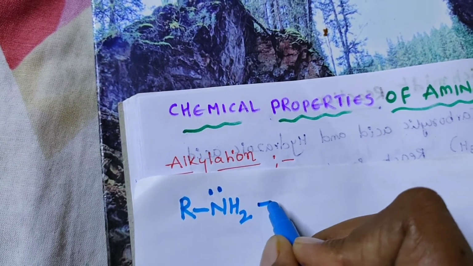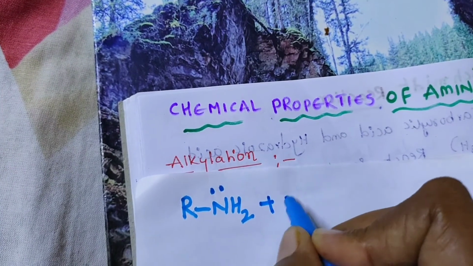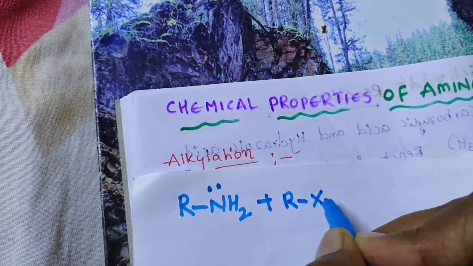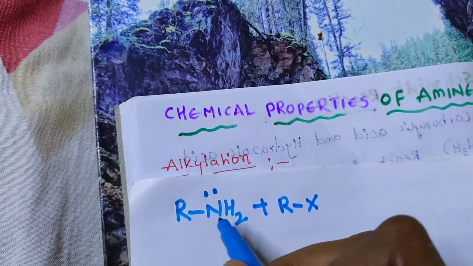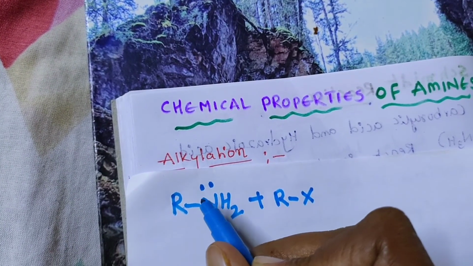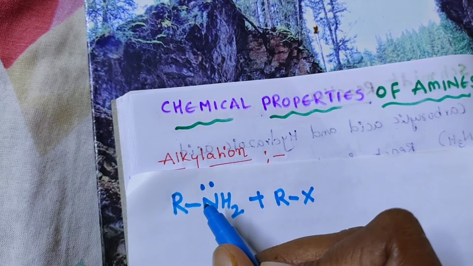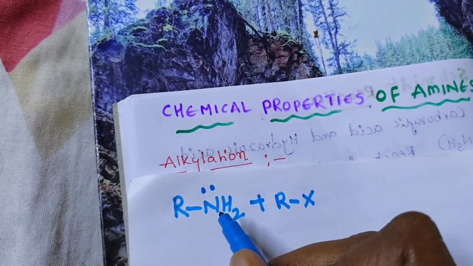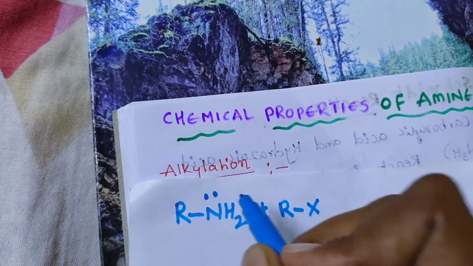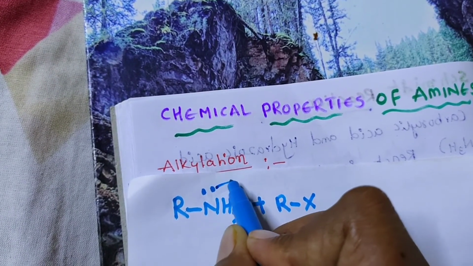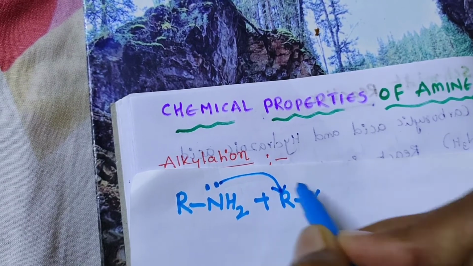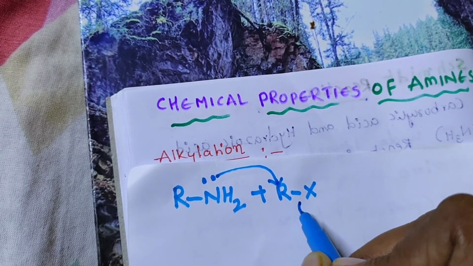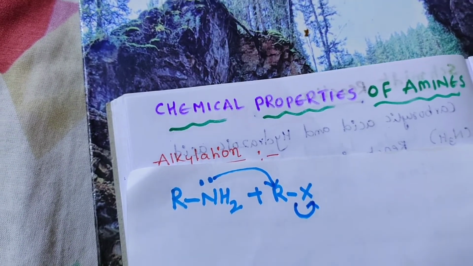These react with the alkyl halide. Here the nitrogen atom has a lone pair of electrons, so it acts as a nucleophile. The lone pair attacks on this, and this is the leaving group, which leaves this alkyl.